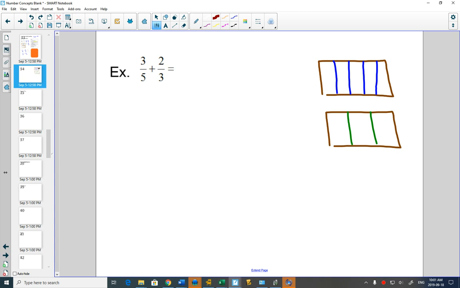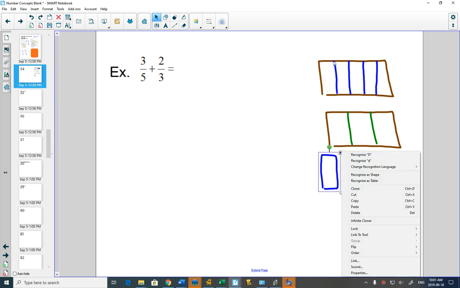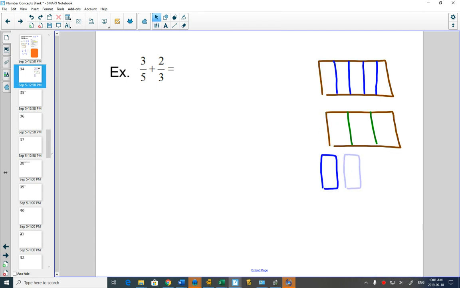So to visualize what we have, 3 of these pieces. And we have 2 of these pieces.